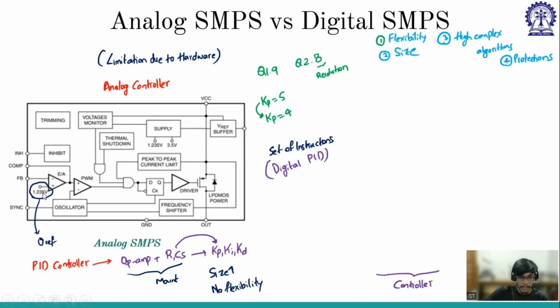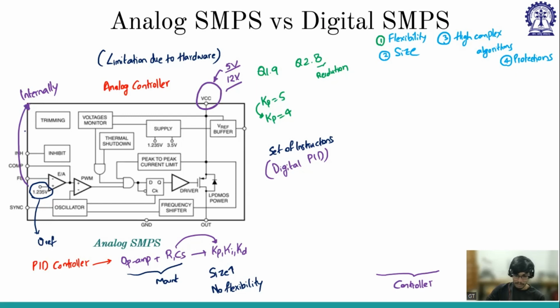Sir, this VCC, every IC needs a VCC. So this could be 5 volt or 12 volt. Based on this 5 volt, 12 volt, it internally generates this reference by means of LDOs or whatever hardware they're using, and it is fixed.